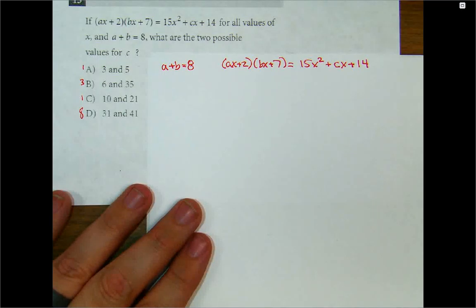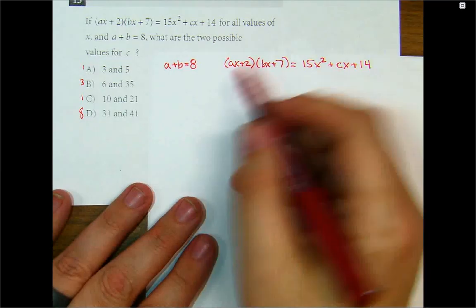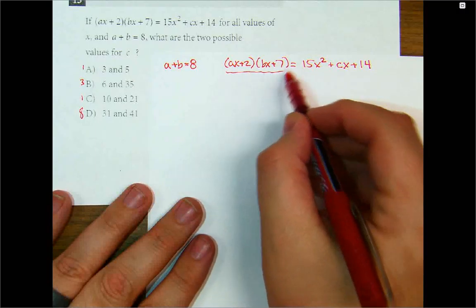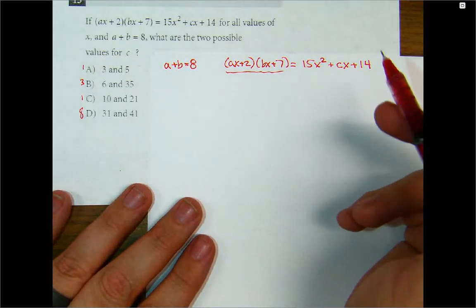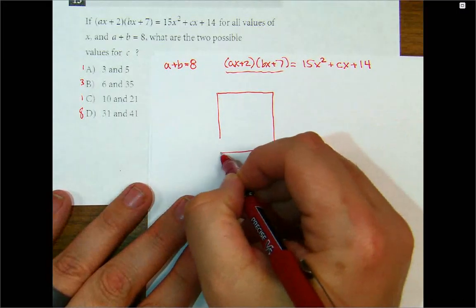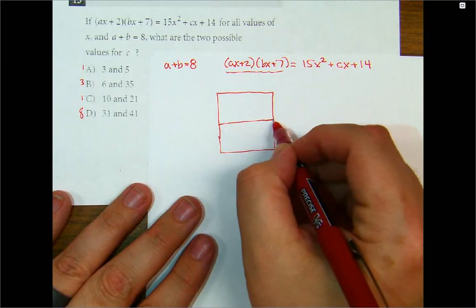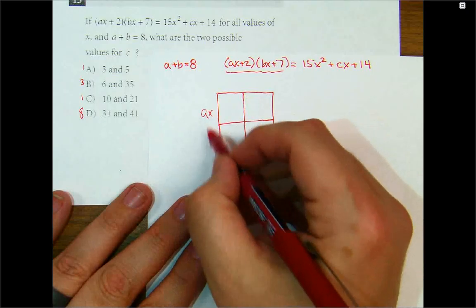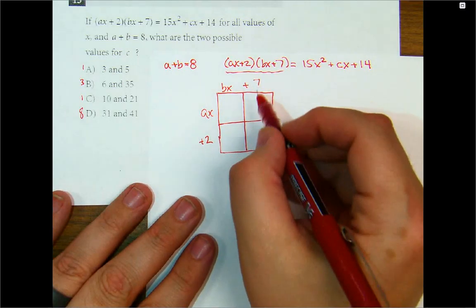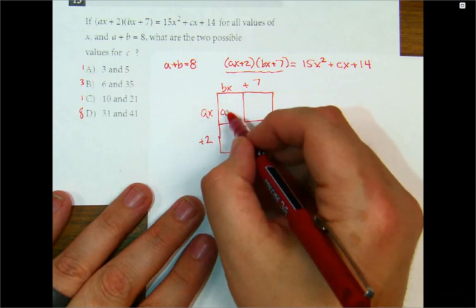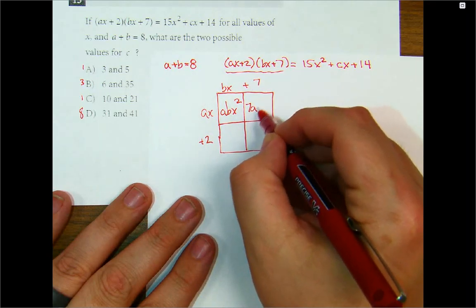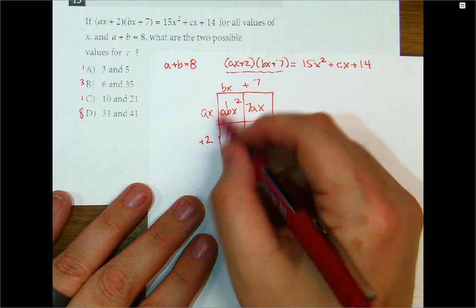Now, in this case, the best thing to do is multiply this guy out. I'm actually going to use the box method. If you don't like the box method, multiply any way you want to. That's ax plus 2, bx plus 7. So this is ab x squared. That's 7ax. That's 2bx.